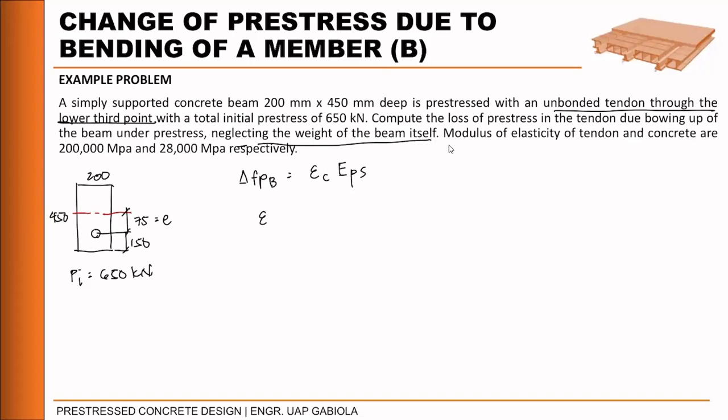So the strain in concrete comes from the stress in concrete over the modulus of elasticity of concrete. Okay? And then for normal weight concrete, according to NSCP, our modulus of elasticity is actually given. If it's not given, its value is 4,700 times square root of f'c. Okay? That's if it's normal weight. If it's lightweight, there's a different formula.